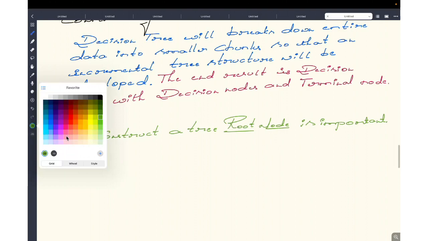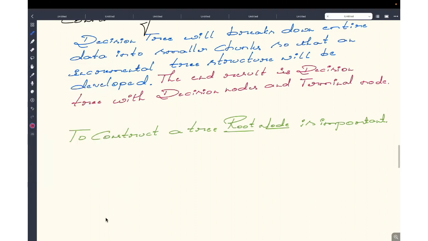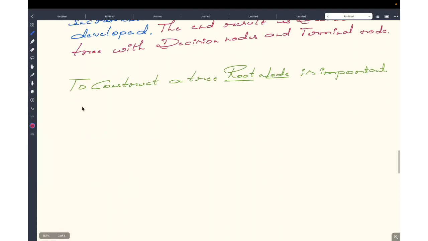Now the question is how to select a root node. Understanding this concept is very important. As we know, there will be many columns in our data. Among all those input variables, how do you decide which column is going to be the root node?